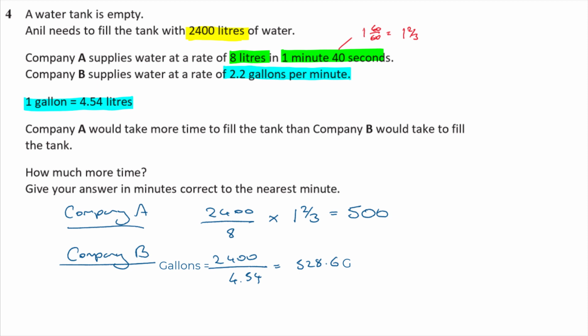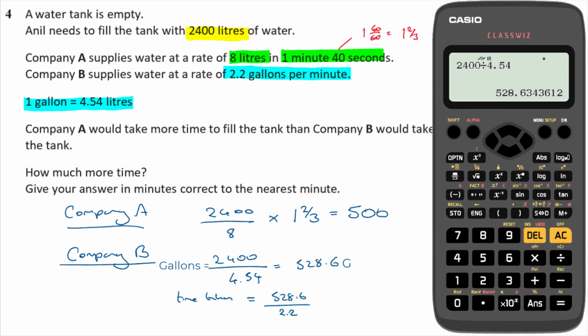So now I know I've got 528.6 and a bit gallons. I need to take that, so time taken is going to be that 528.6 and a bit divided by 2.2 gallons per minute. If I find out how many lots of 2.2 fit in there, then I know how many minutes it's going to take, don't I?